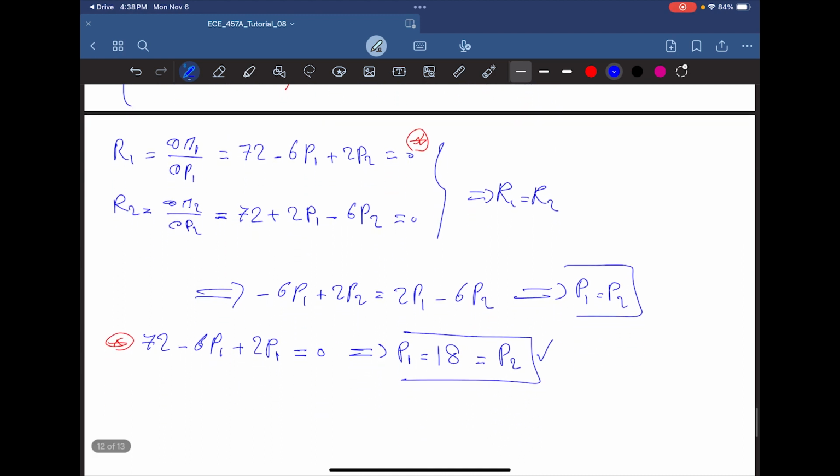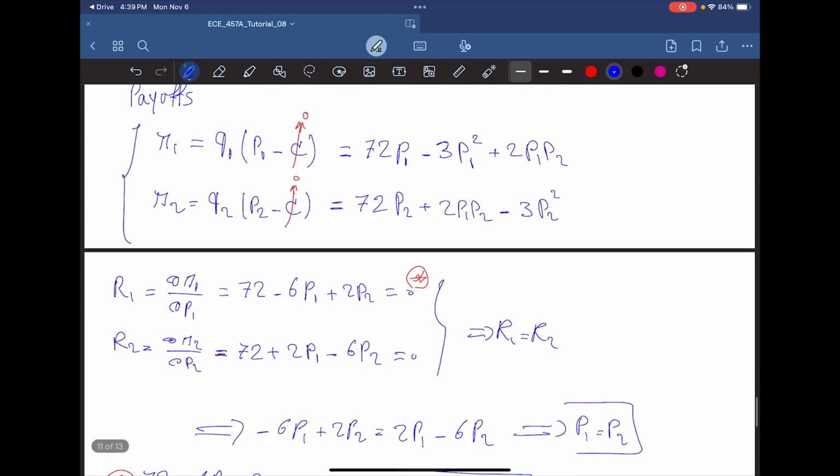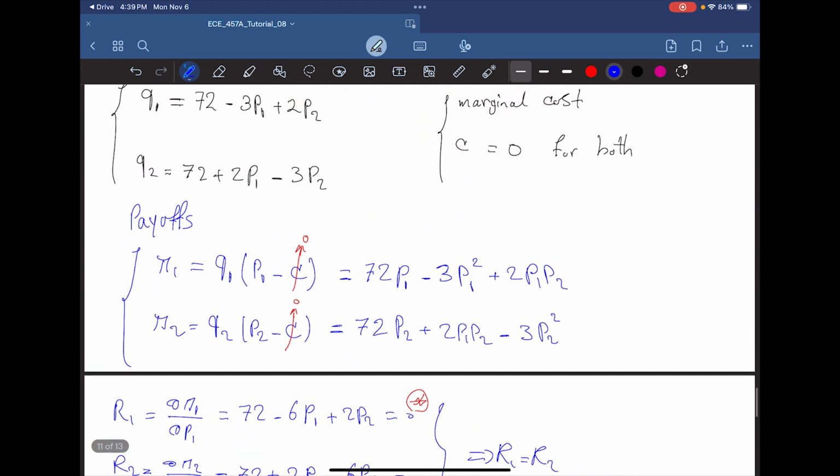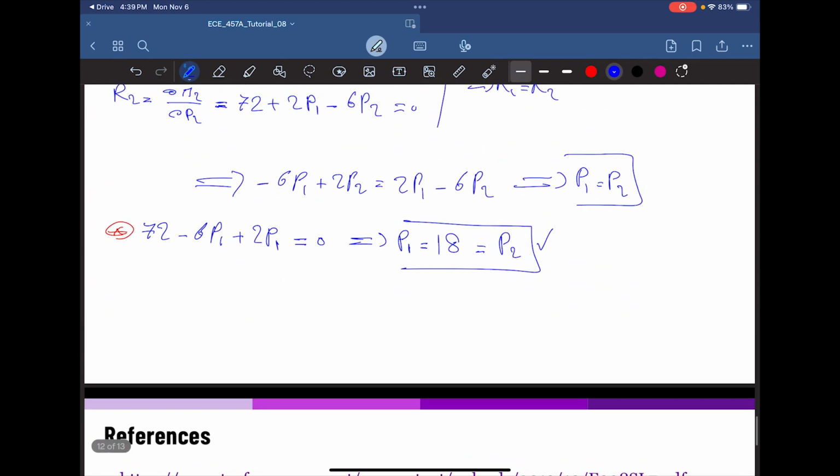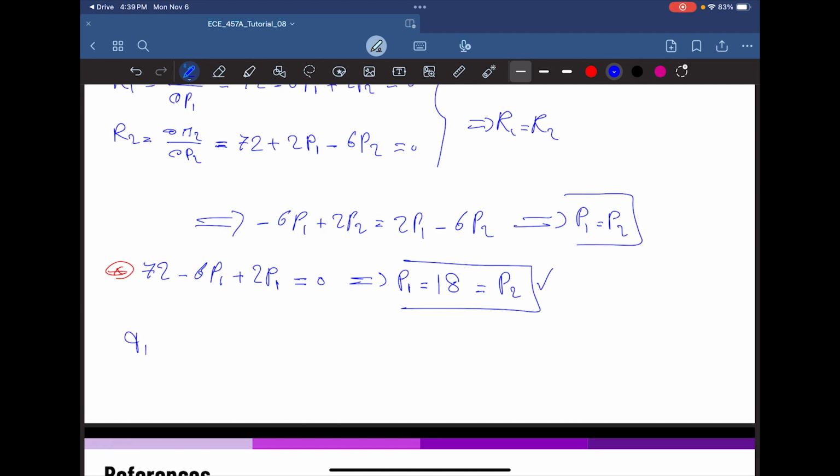So we found a price for the first and the second company. And now if you substitute P1 and P2 into these two equations over here, we can see that Q1 equals Q2.